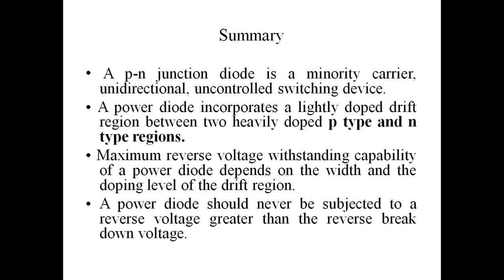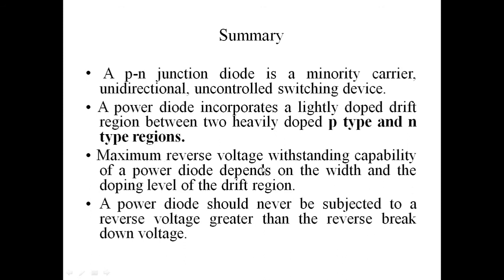If you are using a PN junction, you add the drift region in between the P and N type material, and you vary the drift region width. By varying it, you can vary the current and voltage of the PN junction diode. So this is nothing but the lightly doped drift region between the two regions.